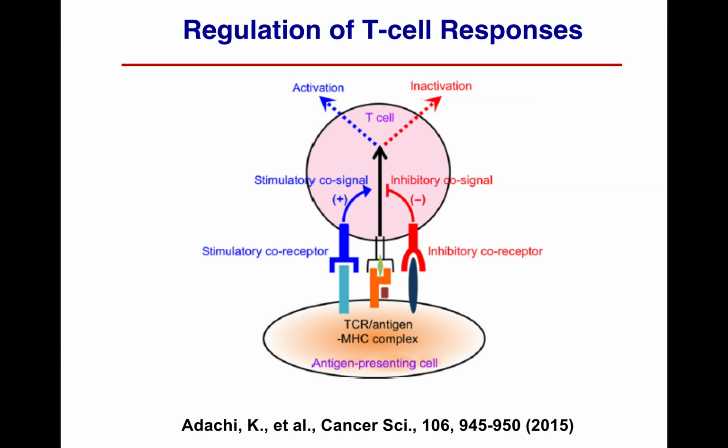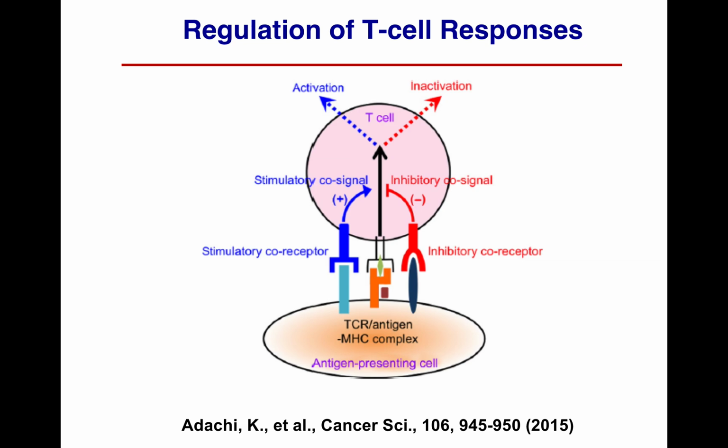So, what's been built into the system is a way to tune the response down. In the initial stages, you want to activate the T cell response, and it will go up, and then it's going to sort of plateau, and then there are mechanisms for shutting it down, for starting to tune it down so it doesn't get out of control, because you don't want to have just an immune response that's continuously getting greater and greater and greater.